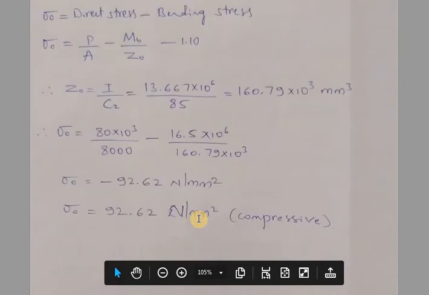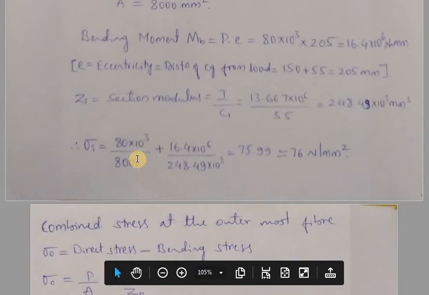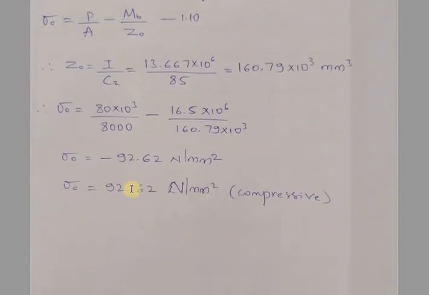Hence, we found the combined stress at the inner fiber as 76 Newton per mm square, which is tensile in nature, and at the outer fiber 92.62 Newton per mm square, which is compressive in nature. So this is the solution for the given problem.